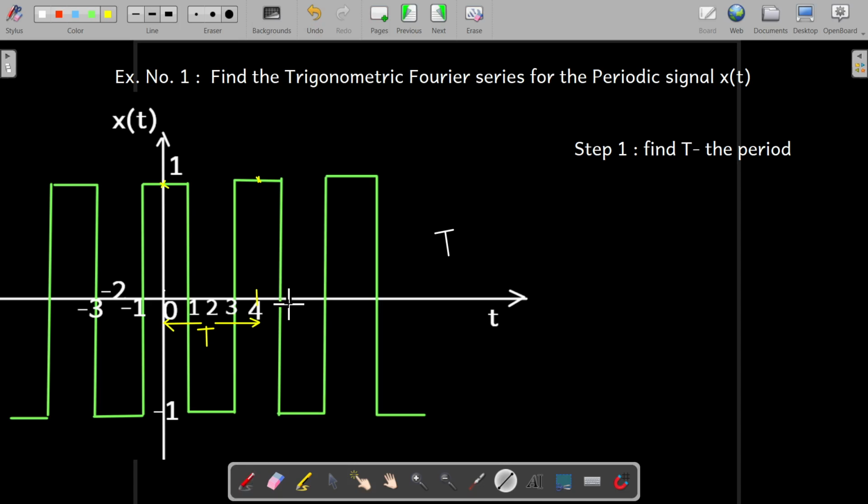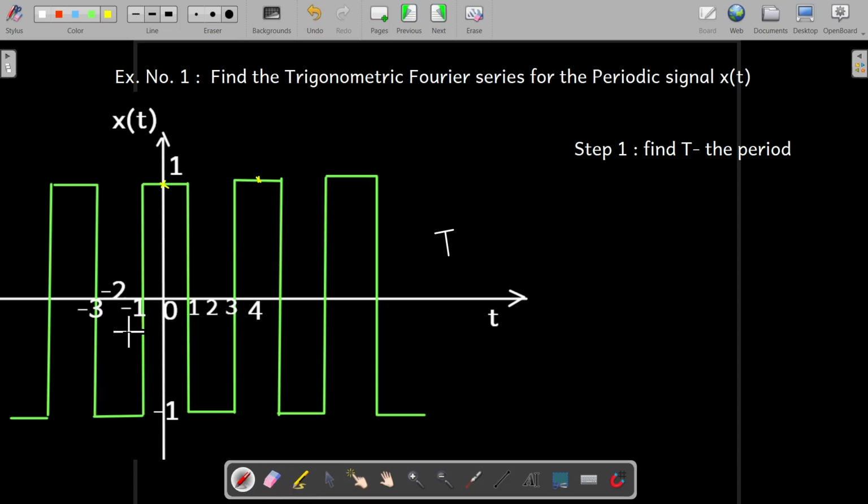But for performing the integration for this trigonometric Fourier series, we prefer to have the period start from this negative value, -1. So we start from 0, then it is rising, reaches the positive value, then comes down, again reaches -1, and again reaches 0 here.